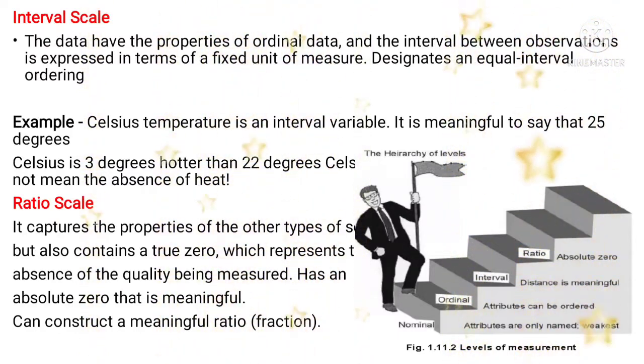It captures the properties of the other types of scale but also contains a true zero, which represents the absence of the quality being measured. It has an absolute zero that is meaningful. We can construct a meaningful ratio, where the values are fractional or zero. Thank you.